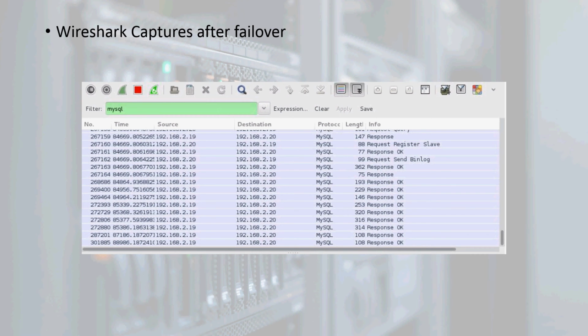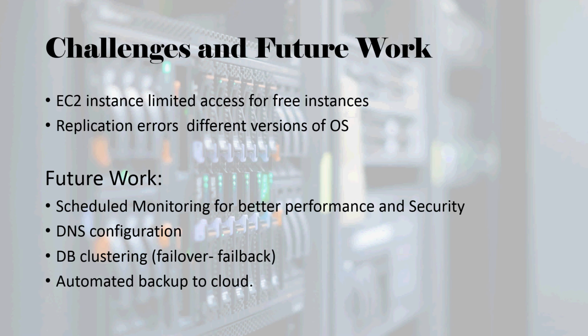As we can see from the Wireshark captures, as the master database, which is marked as 19, is off, the packets go directly to 20 automatically, thus ensuring that we have ample backup for our architecture.